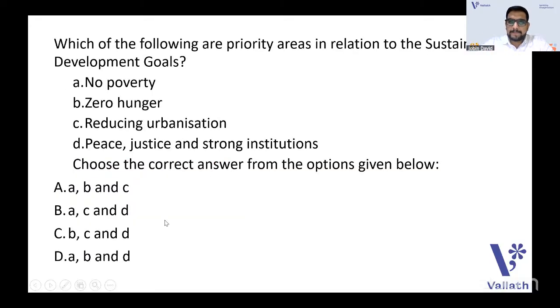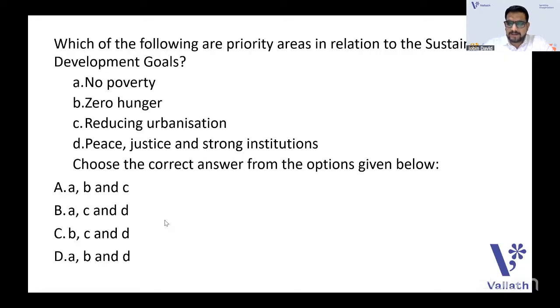Which of the following are priority areas in relation to the Sustainable Development Goals, SDGs? SDGs are very important for people's development and the environment. There are 17 SDGs, and also the Millennium Development Goals. No poverty, zero hunger, reducing urbanization, peace, justice, and strong institutions. Which are the priority areas?